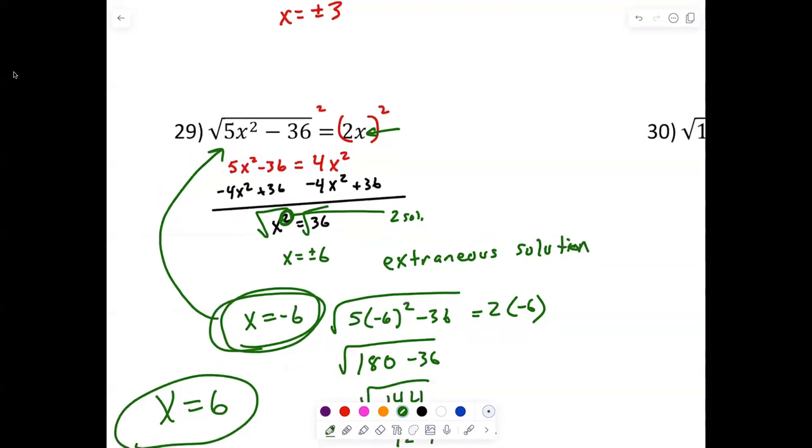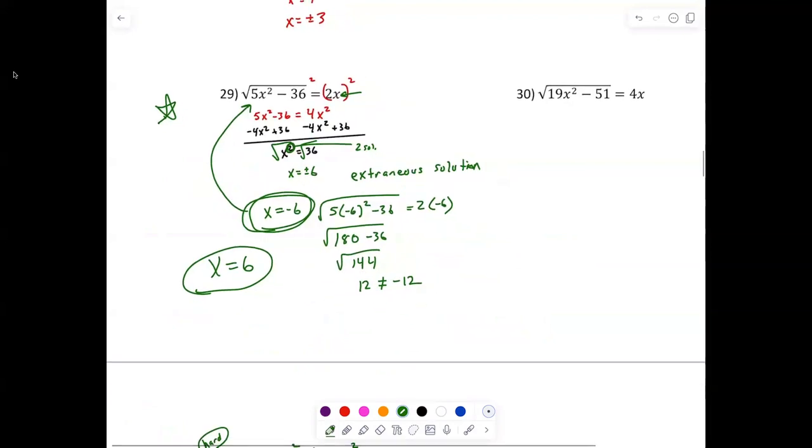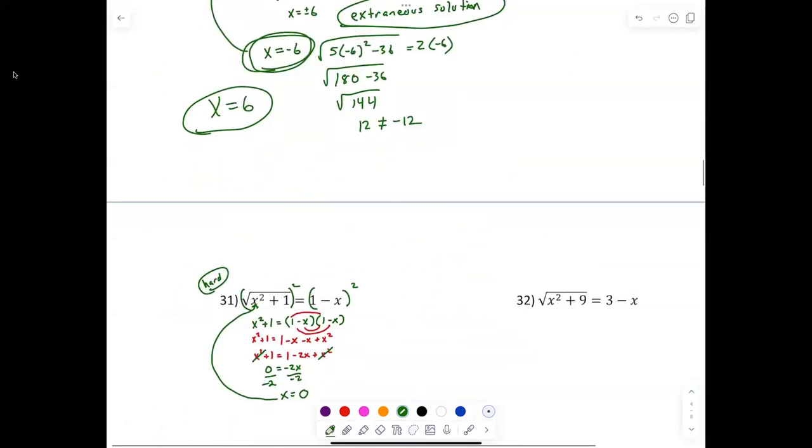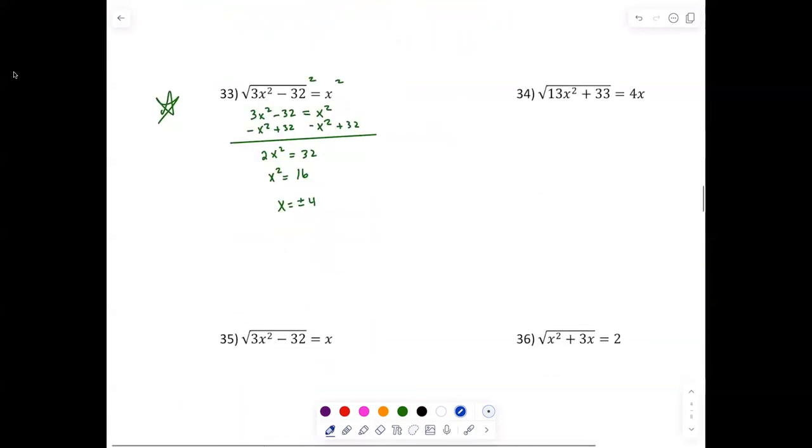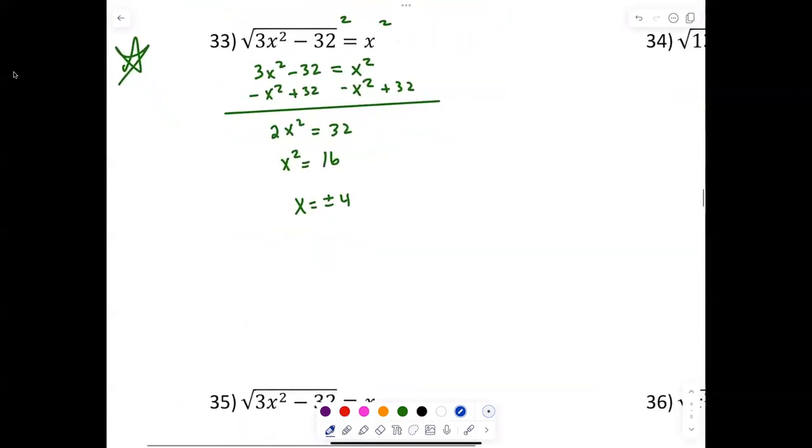All right. And that was my fault. All right. So there is an extraneous solution here. The only answer is 6. -6 is considered an extraneous solution. I'm not going to ask you that on the test. I'm not going to ask you to repeat extraneous. I'm just telling you when you get to higher level math, they will be discussing that. So when I get down to 33, can x be -4?